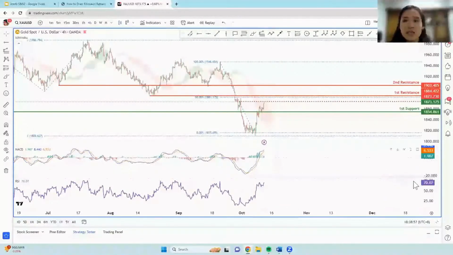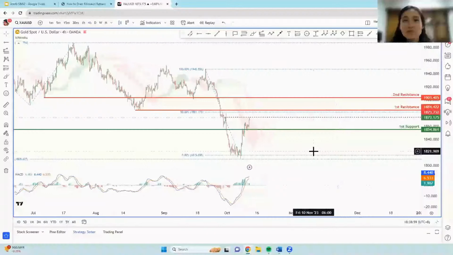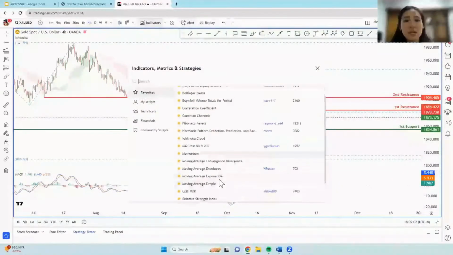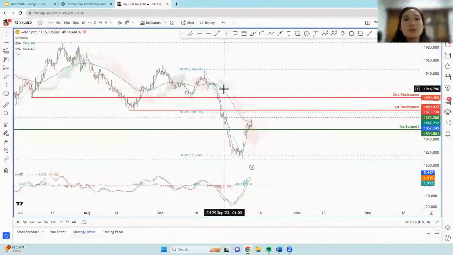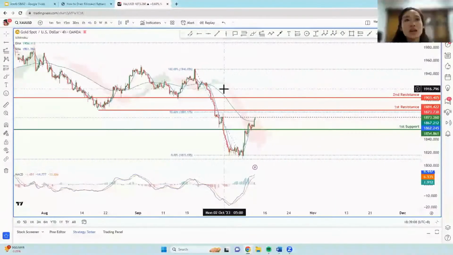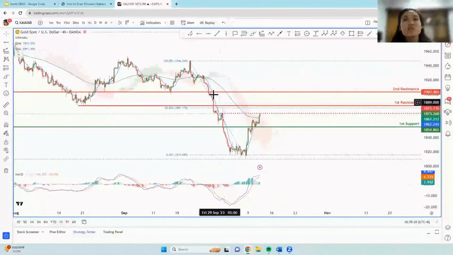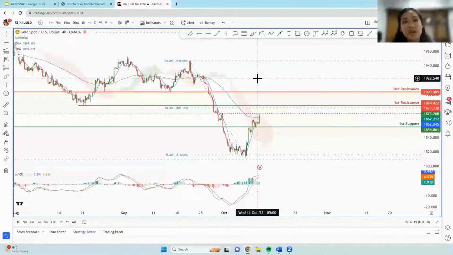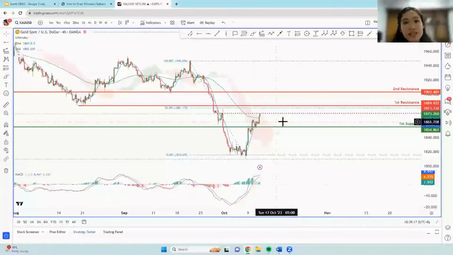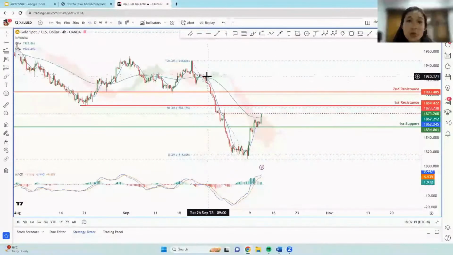RSI isn't really telling us much. Now let me pull out my exponential and simple moving averages. I like to use these two because not only can I check each indicator at the same time, but also when there is a crossover, that typically suggests that the trend is reversing, or that the trend is changing.